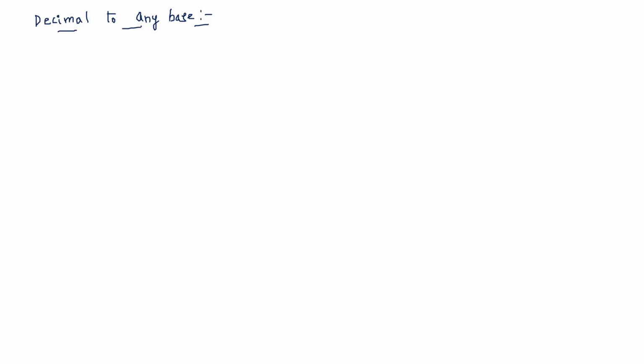These three conversions you can take. The number I'm taking here, X, Y, Z, W, is the decimal number I'm converting, and it should be converted to base 2, base 8 or base 16.